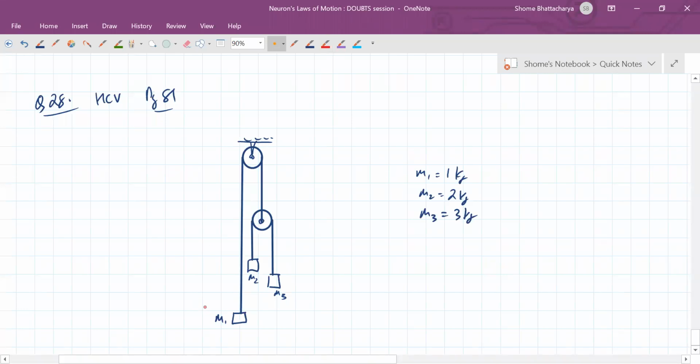So you have to find its acceleration. Let's say M1 is going up with an acceleration A. So this pulley here will also come down with the same acceleration A. Let's say that with respect to the pulley, this has an upward acceleration and this has a downward acceleration.